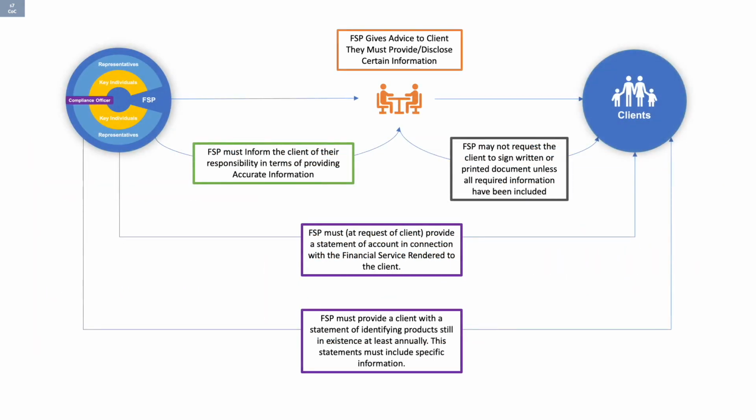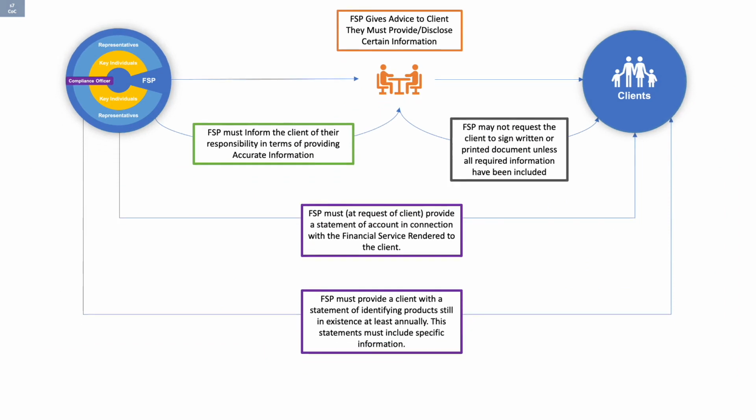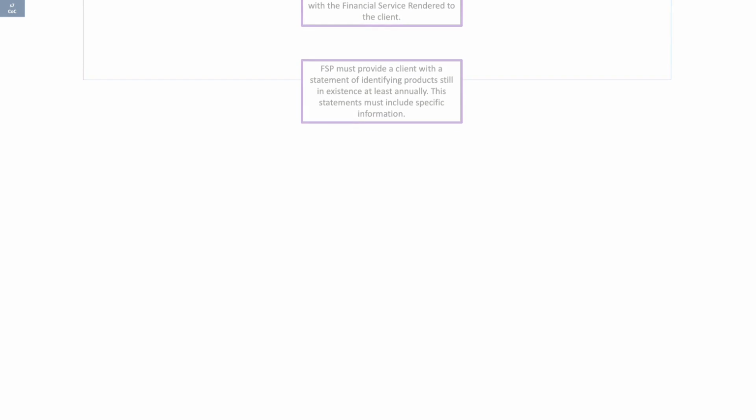Next, we cover the fact that an FSP must provide a client with a statement identifying, listing, and mentioning products that are still in existence at least annually. These statements must include specific information.